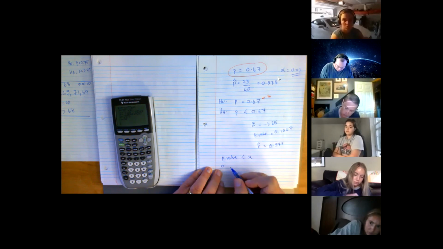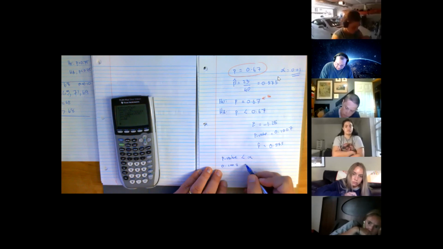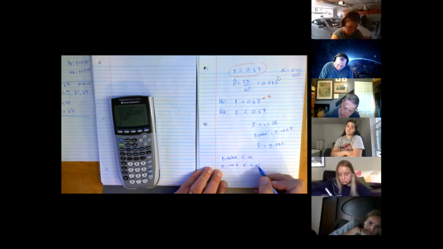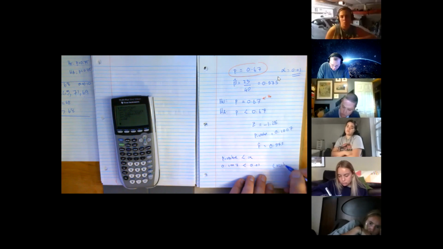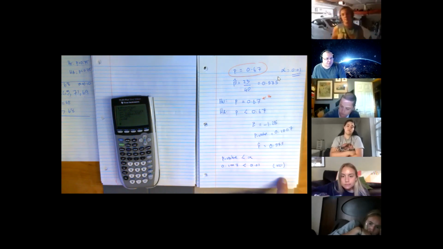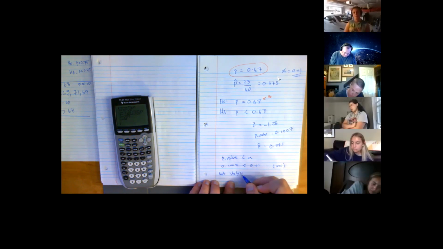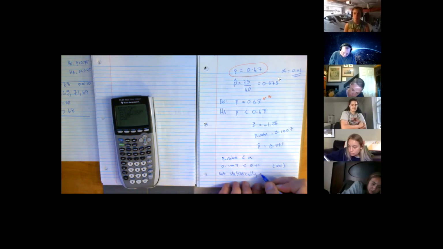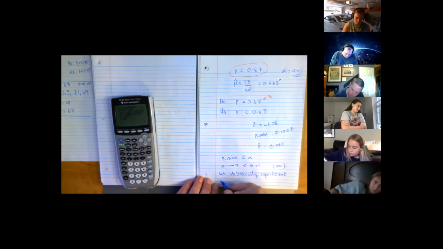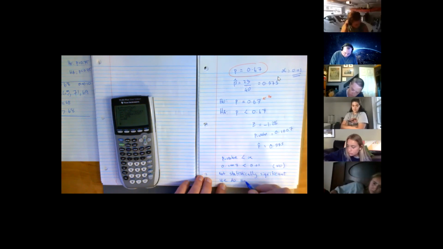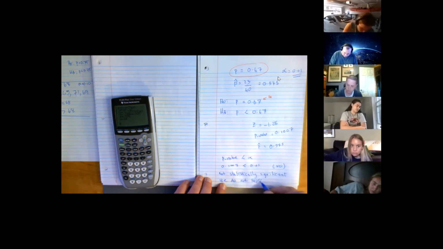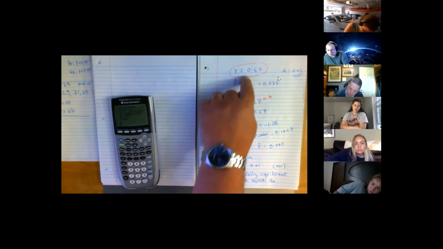Is 0.1007 less than 0.01? Would you agree that that is a clear no? So this is not statistically significant. So that means we do not reject H0.